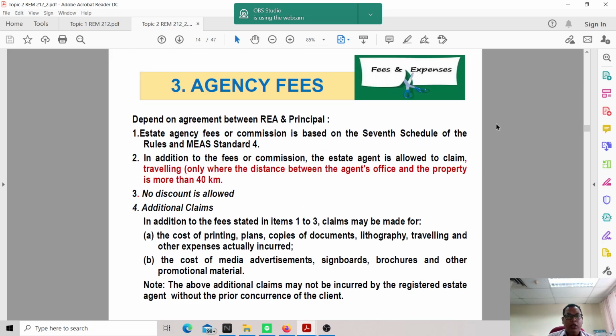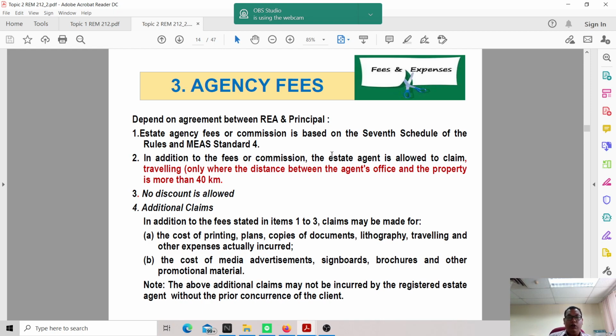Okay. So the most important aspect for us to carry out our profession is, of course, we have to get the fees. This is the bread and butter of our profession, whereby the estate agency fee or commission is based on the 7th Schedule of the 1986 Rules and the MIA standard, Standard 4.